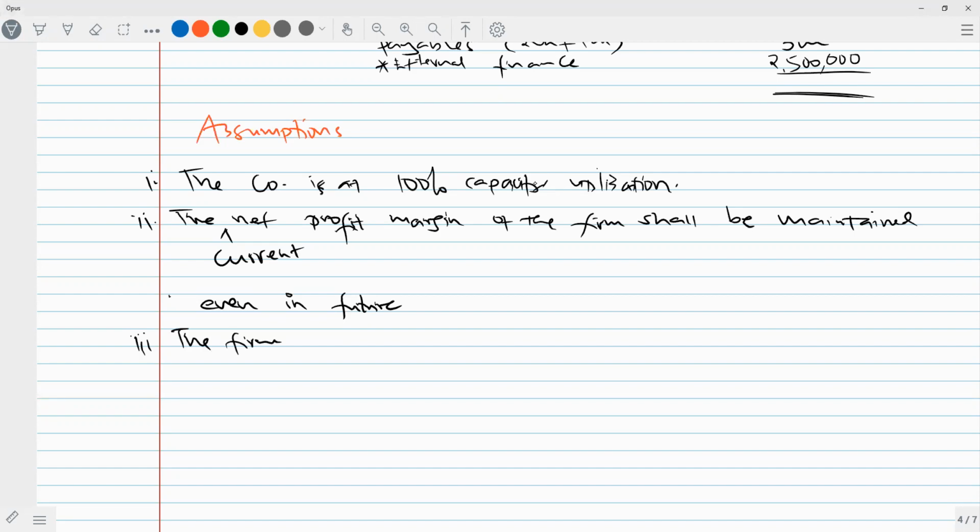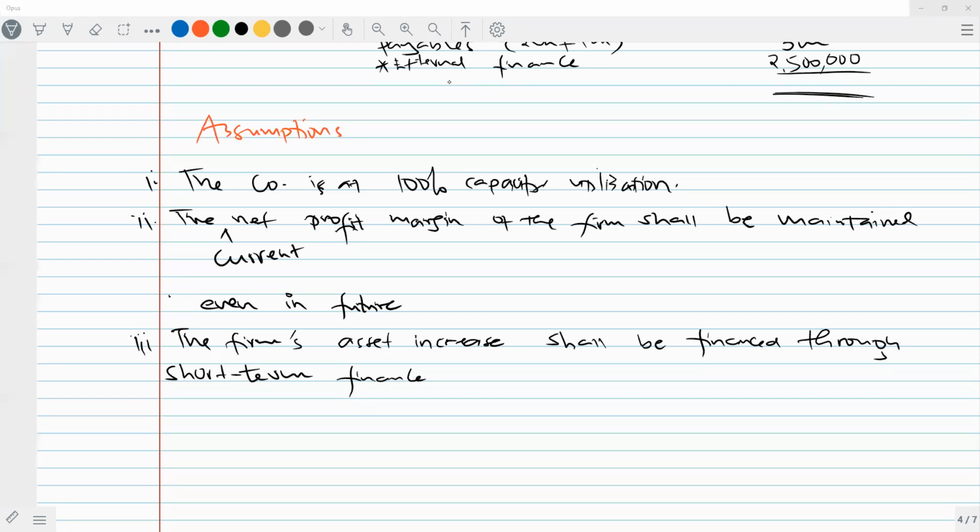The farm's asset increase shall be financed through short-term finances, as opposed to long-term capital.